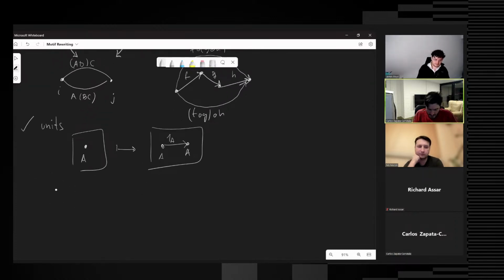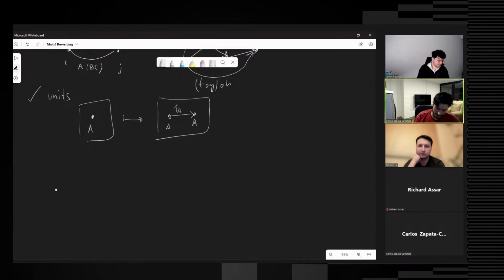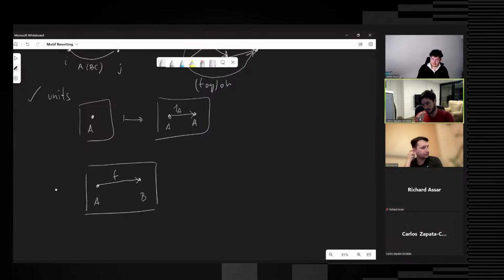Let's see what happens when I consider a morphism, right? So let's consider this initial state. Take A, B, so again, it's going to be like a labeled hypergraph, F, right? This is some initial state. And now imagine that you have the two rewrite rules, right? Unit and composition. So obviously we cannot apply composition because there's nothing to compose. Our matching of our pattern doesn't work, right?